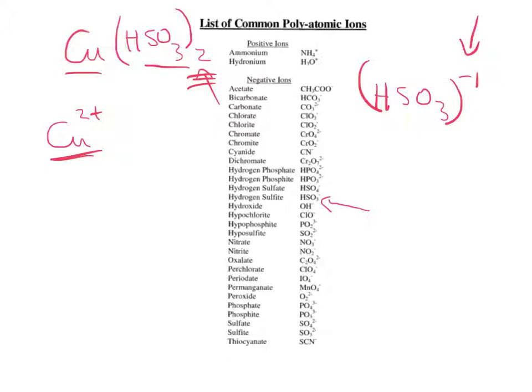On the periodic table, copper exists as copper 1 and copper 2. Since this is the higher oxidation state, I can call this cupric. If it was the lower, the +1, it would be cuprous, but in this case it is cupric. And I can call this then the cupric and just put in the name of the ion. So hydrogen sulfite.